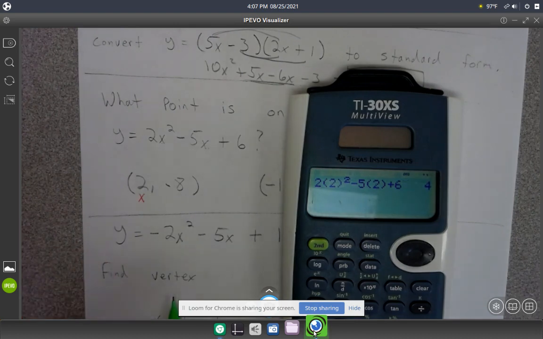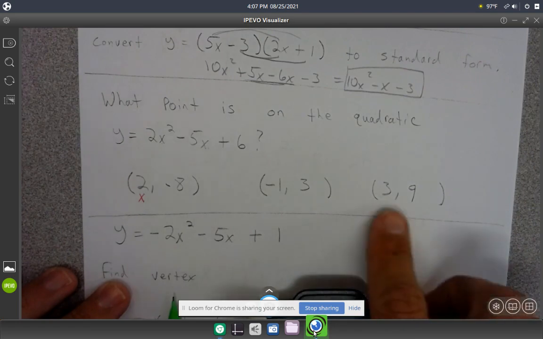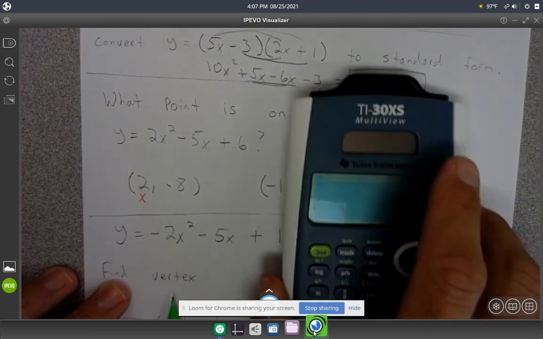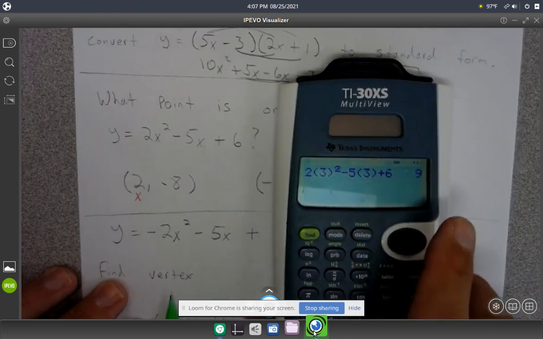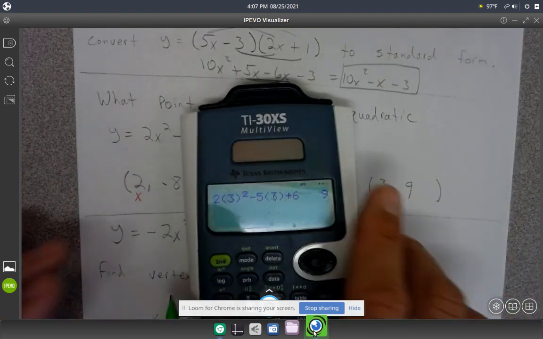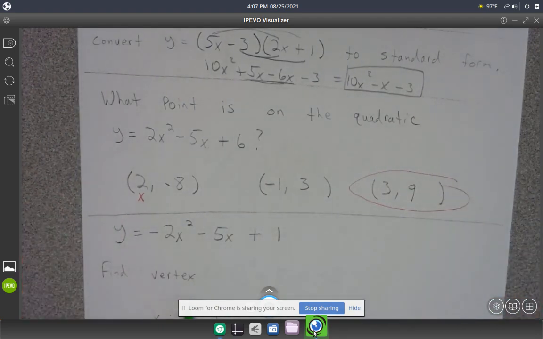And that does not give you a negative 8, so that's not the answer. The one that works is the 3, 9 over there. So it's 2 times 3 squared minus 5 times 3 plus 6. Of course, you get 9. That's what we wanted, so that's the answer. You could work that out by hand if you wanted to. If you ain't got to, you ain't got to.